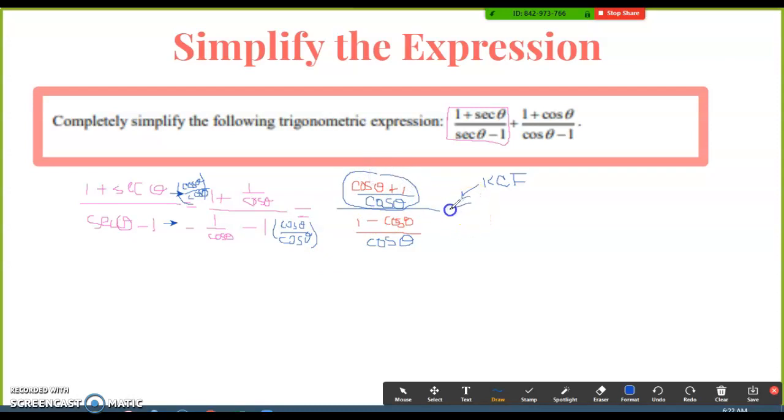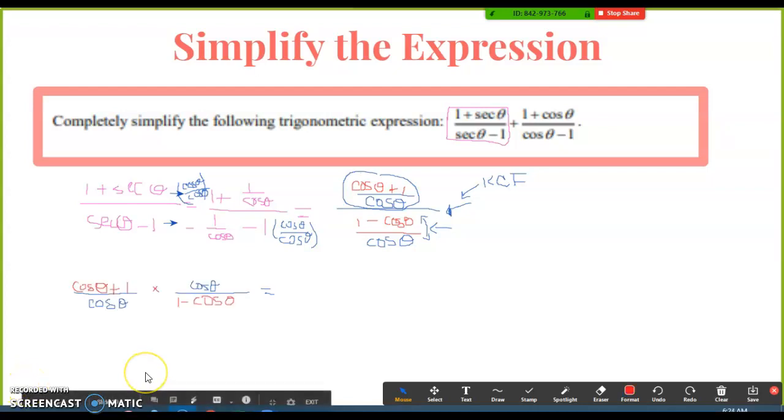I'm going to change to multiplication, and then I will flip the denominator. Work it out, and let me see what you got. Pause the video. Okay, did you get what I got? Let me explain what I did.